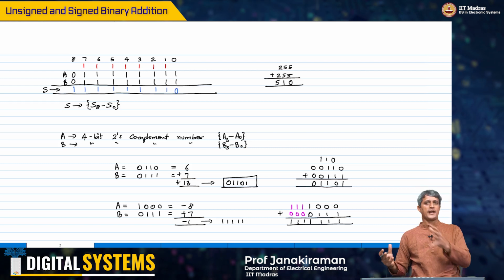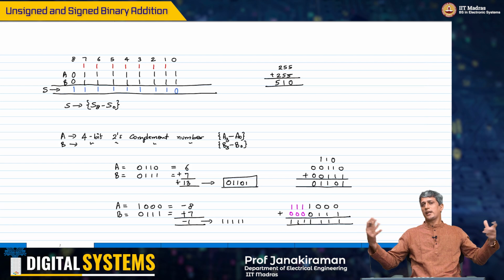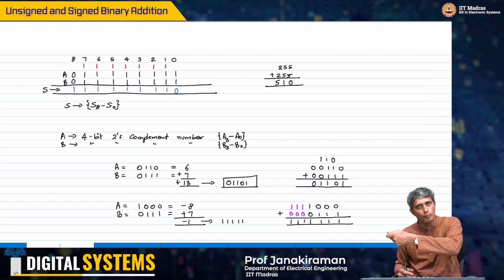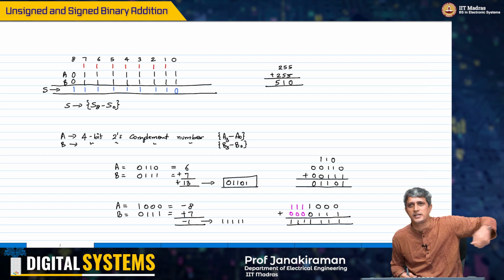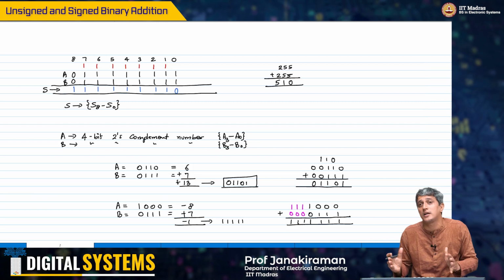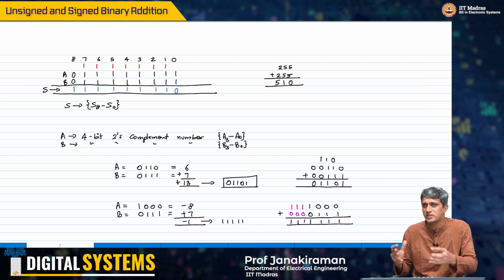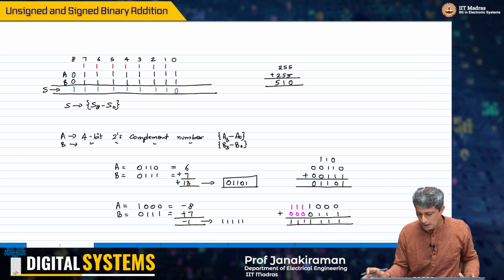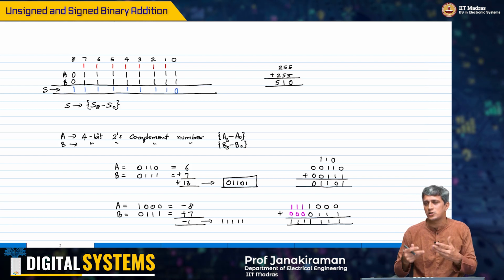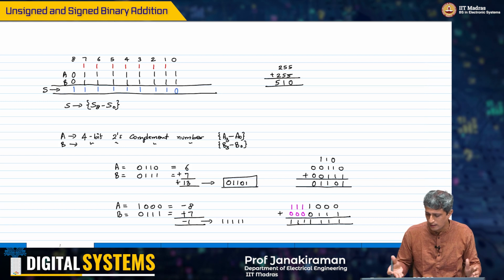Remember, -1 is just all ones irrespective of how many bits you take in 2's complement representation. So you sign extend A and B to as many bits as you want, and the answer should still be consistent. That is the whole point of this sign extension logic that we are talking about, right? So effectively, if you look at this, we get just this.